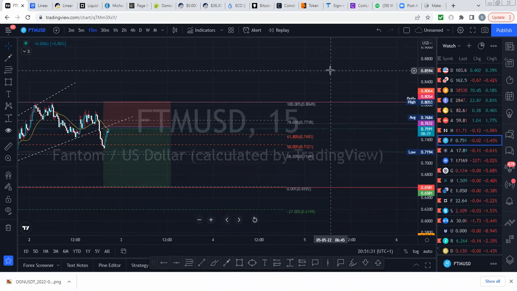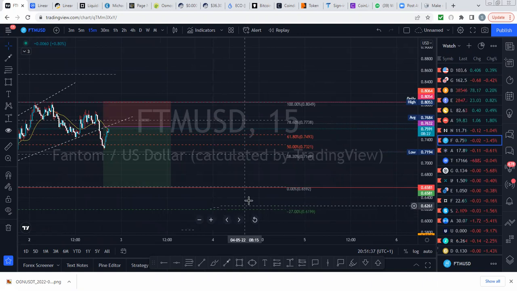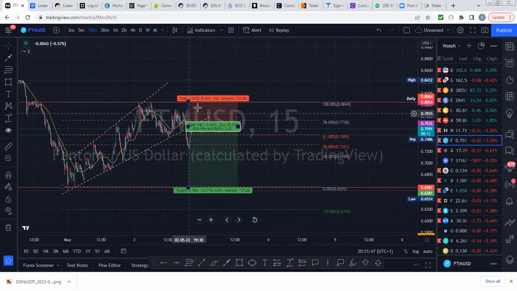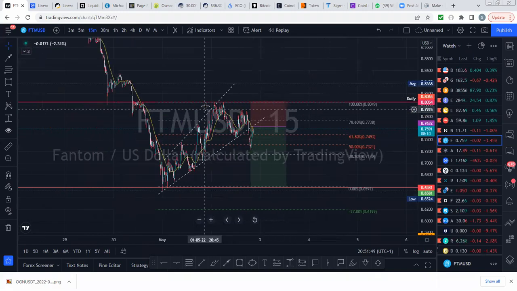And for a downtrend, you measure from the high to the low. That's measuring from the previous swing high to the previous swing low.